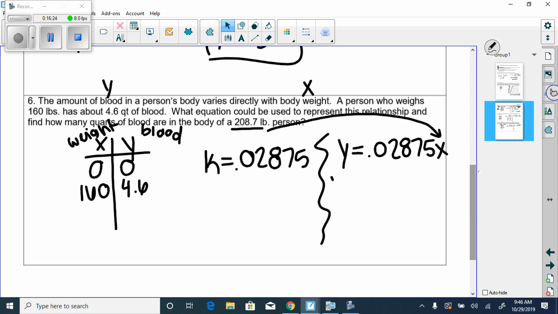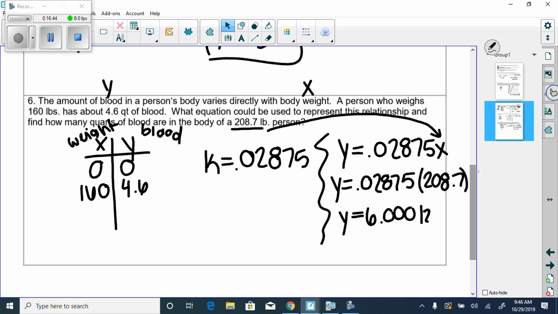So I'm going to have y equals 0.02875 times 206.7. And that would be approximately how many quarts? That's what we're looking for. About 6 quarts of blood.